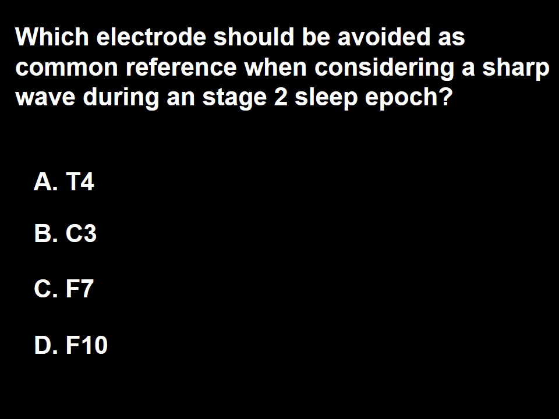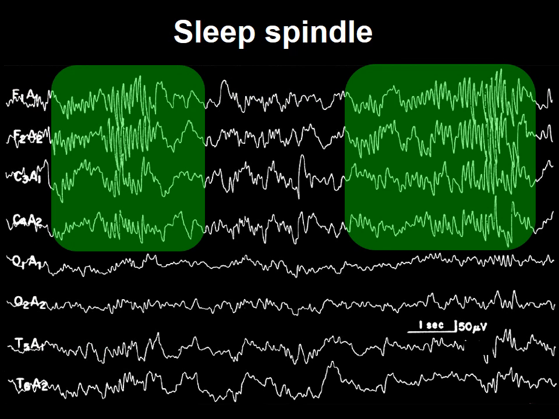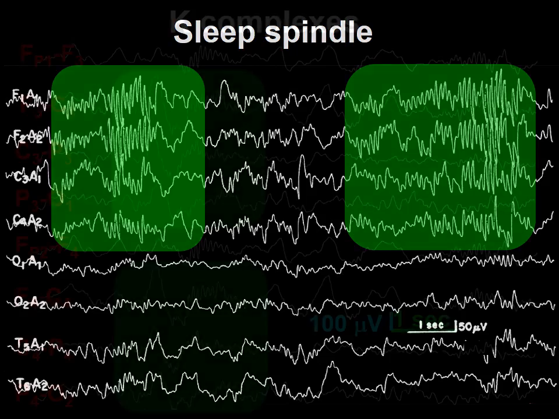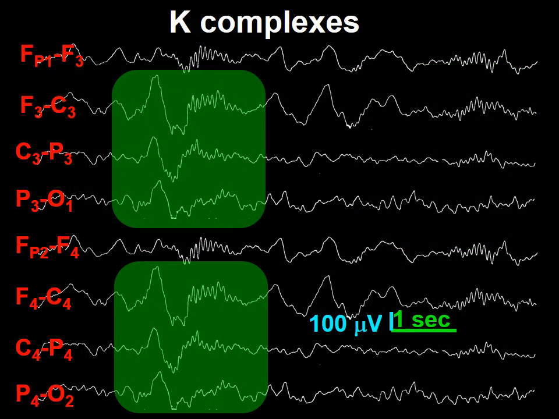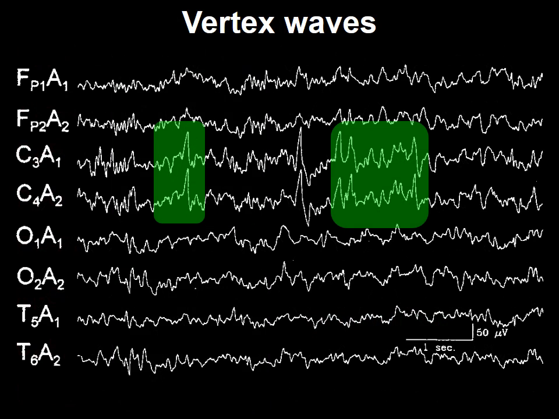Next question. Which electrode should be avoided as a common reference when considering a sharp wave during a stage 2 sleep epoch? A. O2, B. C3, C. F7, D. F10. The classic activity during stage 2 sleep are spindles, K-complexes, and vertex waves.